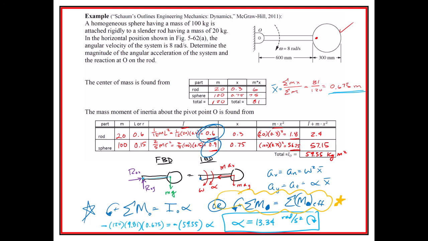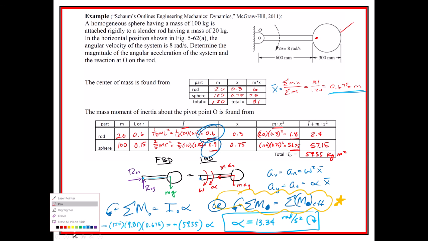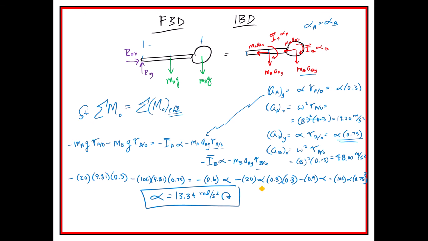The point here is that when we came up here and found the mass moment of inertia about O, we used the parallel axis theorem, but buried inside here is the parallel axis theorem. Right here is the parallel axis theorem for this bar, and right here is the parallel axis theorem for this sphere. We could almost put them over on this side.